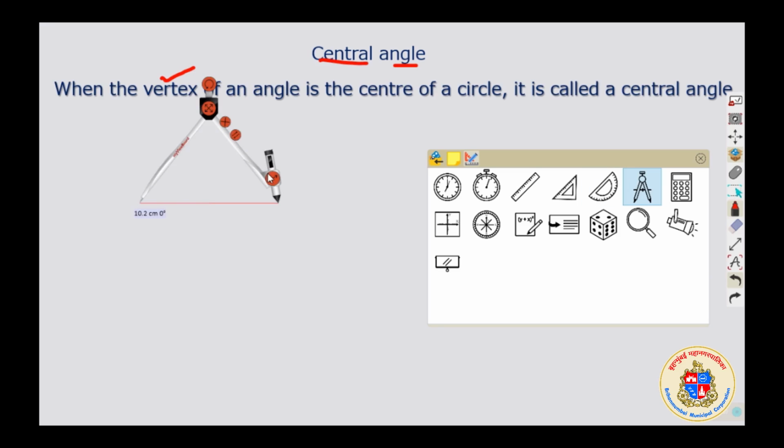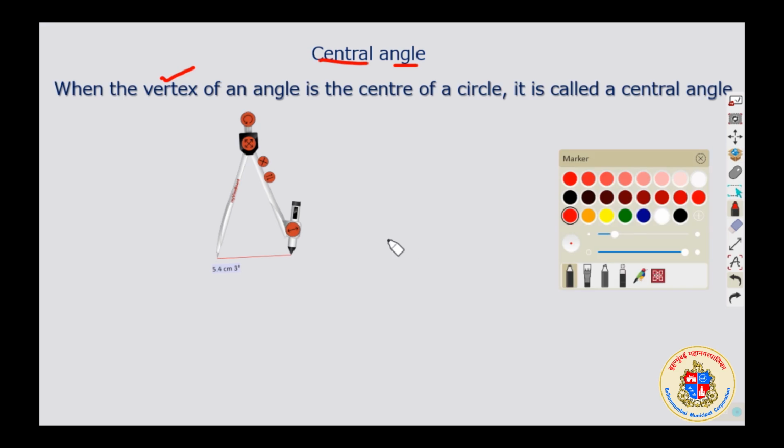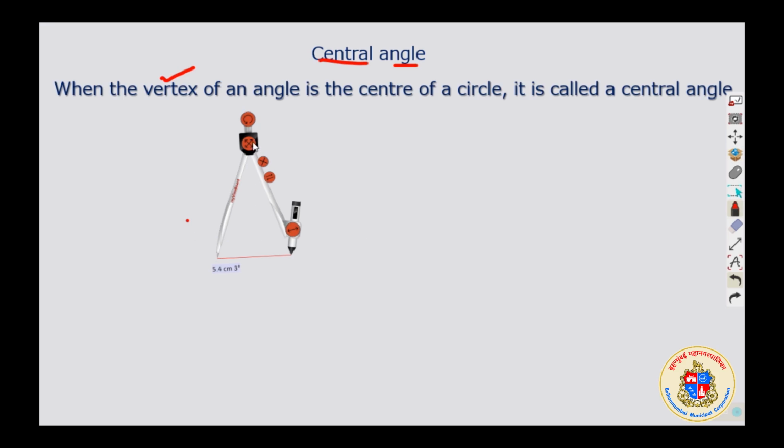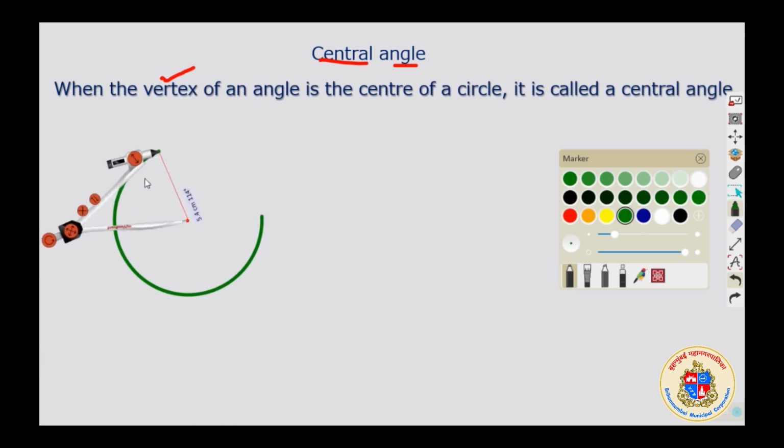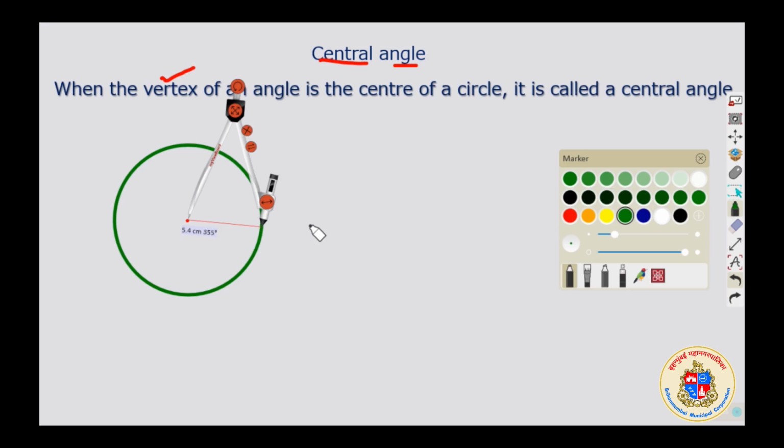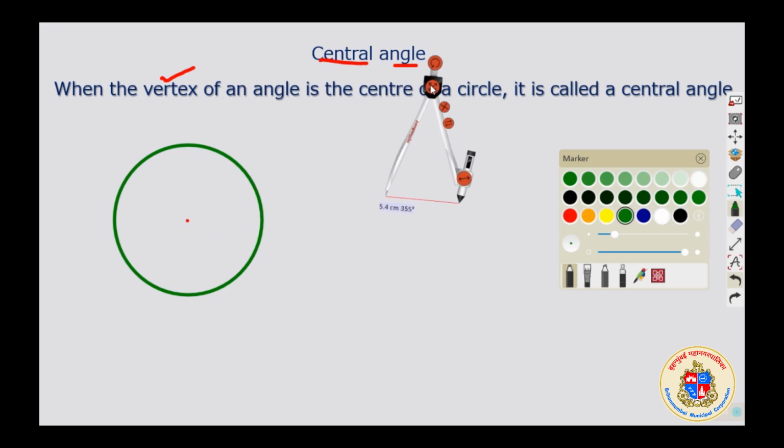For that again I need a circle. Compass is the main instrument here. I am going to draw a circle here with this center. Okay, this is my circle. A circle is drawn. Now you need an angle.